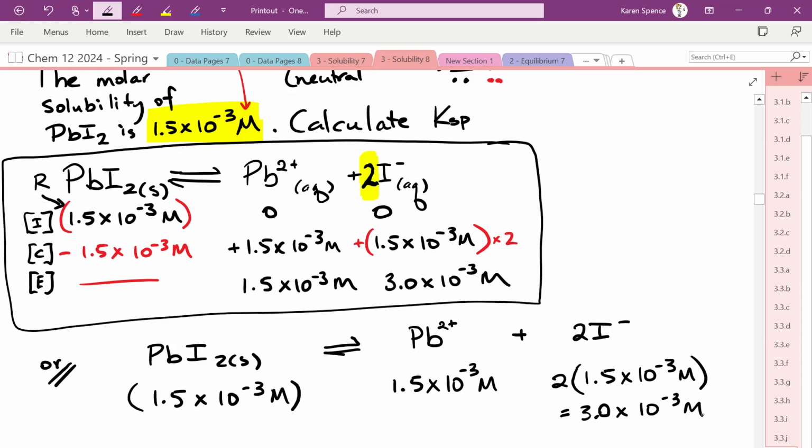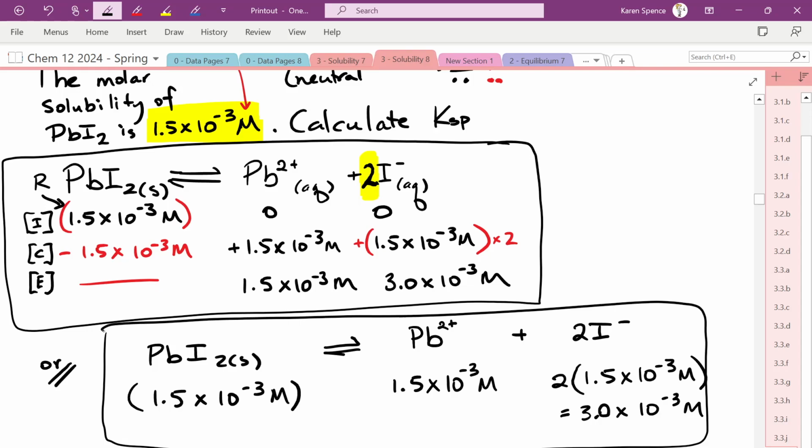So you don't have to write out a whole ICE table because it's not really applicable here anyway. Do we like this better? It's a little bit of a shortcut. Does it make sense?